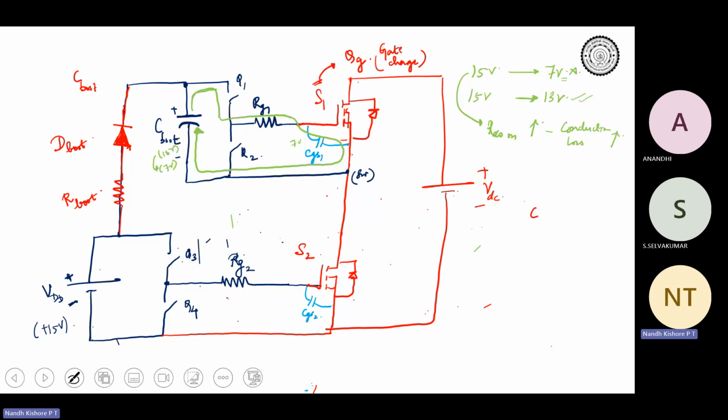How is capacitance linked to Q, in any generic capacitance? What is the relation between C and Q?